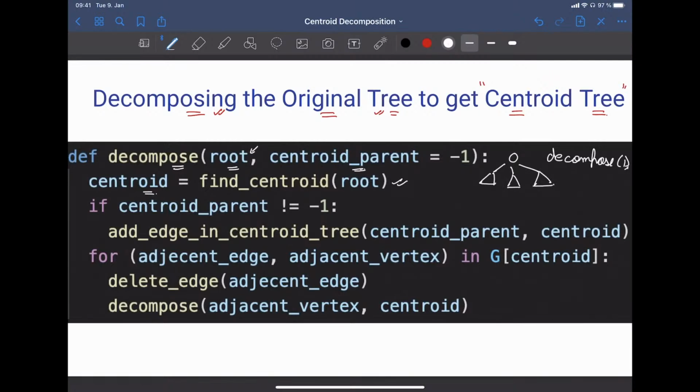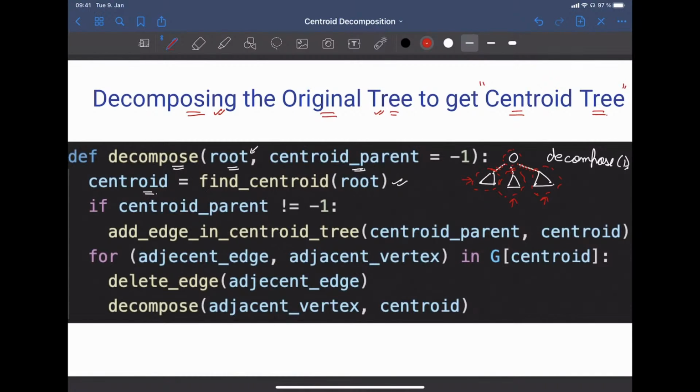What you do is you remove this centroid and the corresponding edges. So you have a forest of small trees now. You recursively call this decompose procedure on each of these trees. Assume that the decompose procedure returns a new centroid tree.